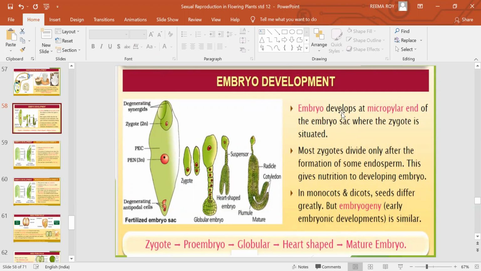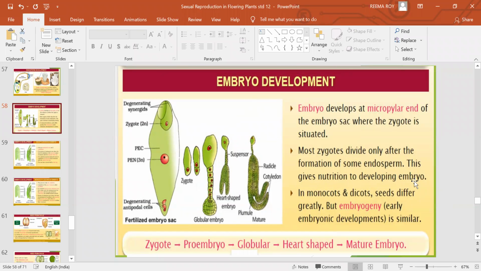ठीक है, so embryo develops at the micropylar end of the embryo sac where the zygote is situated. Most zygotes divide only after the formation of some endosperm. This gives nutrition to the developing embryo. Endosperm makes food. It will provide some nourishment to the developing embryo.